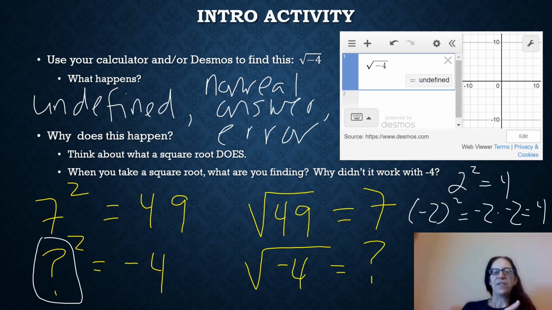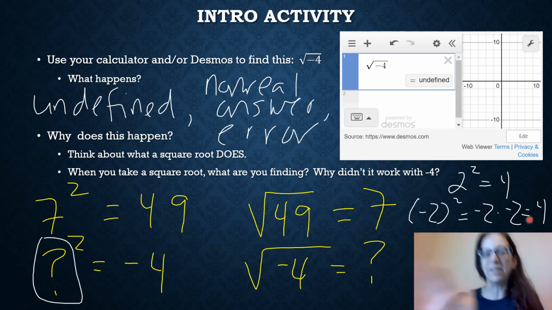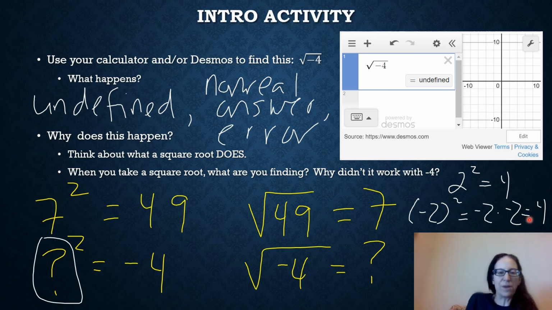So there isn't a number that we know of that when you square it, you could get -4. And so that's why your calculator yells at you. It says, listen, I don't know what you're on about, but there isn't a number that does that. There's no number that when it's squared would give you that -4.